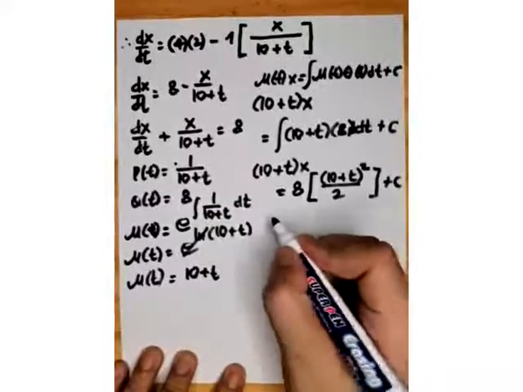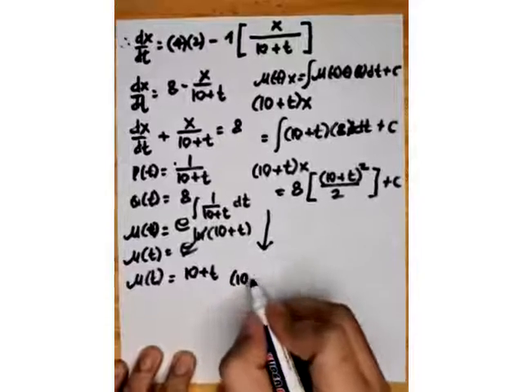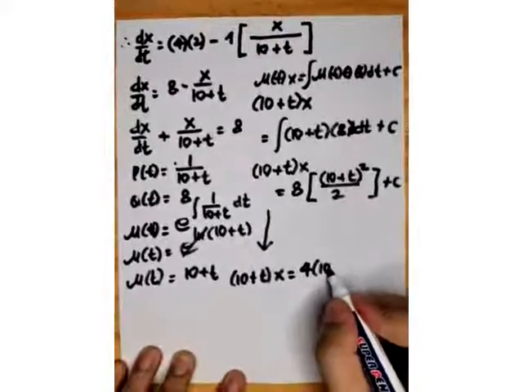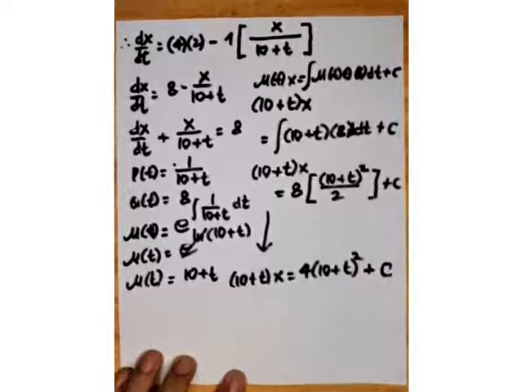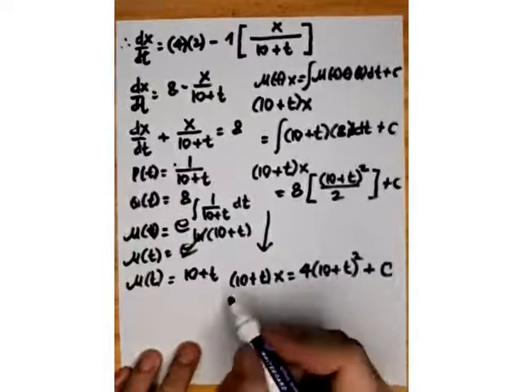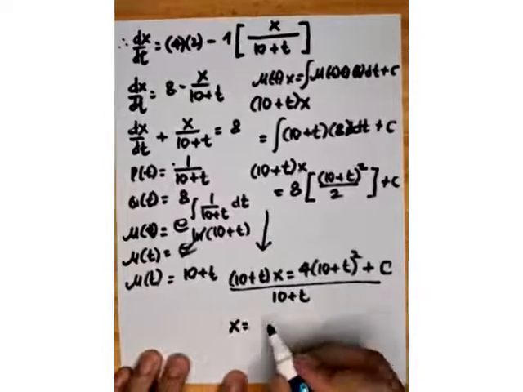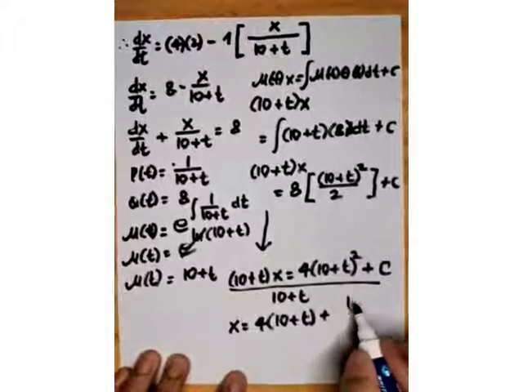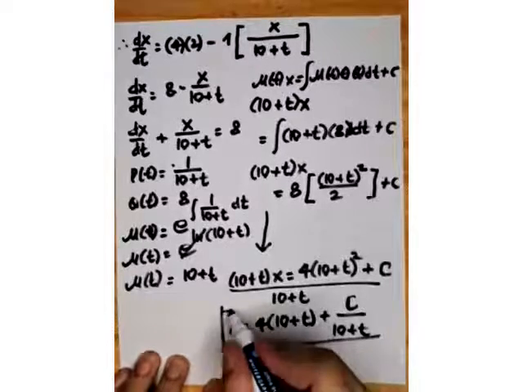So therefore, we'll have 10 plus t times x is equal to 4 times 10 plus t squared plus c. Ayan. So kailangan natin ay x lang. So divide natin to ng 10 plus t. So x is equal to 4 times 10 plus t plus c over 10 plus t. So this is our general solution.